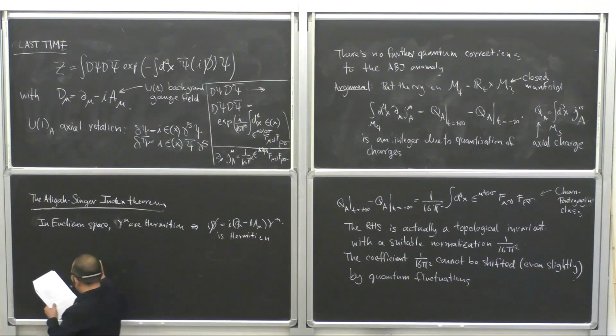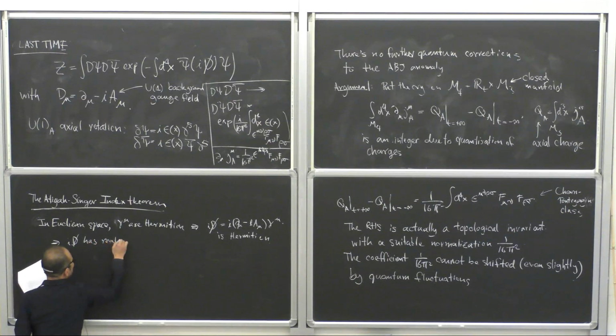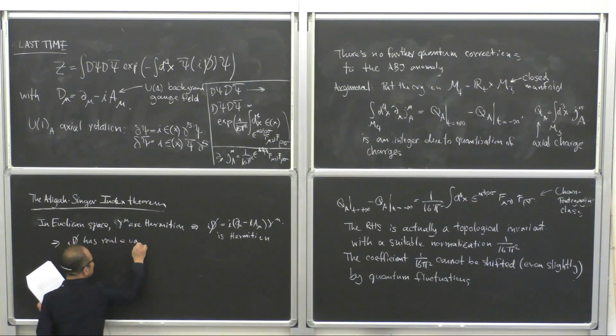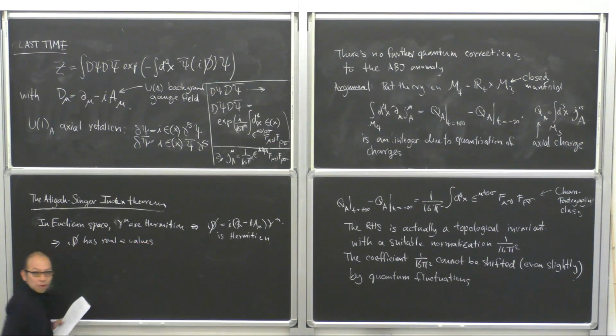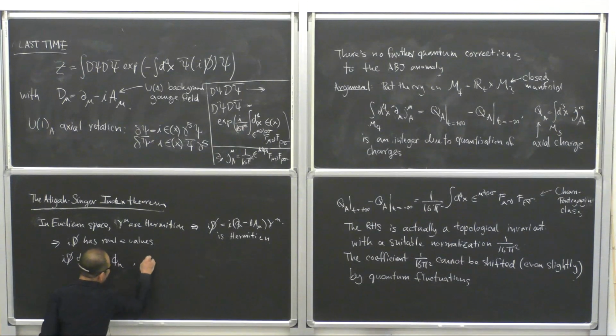And therefore, iD-slash has real eigenvalues. Okay? So we start from here. So meaning that if I write this equation, which you have kind of seen yesterday, this lambda has to be real.